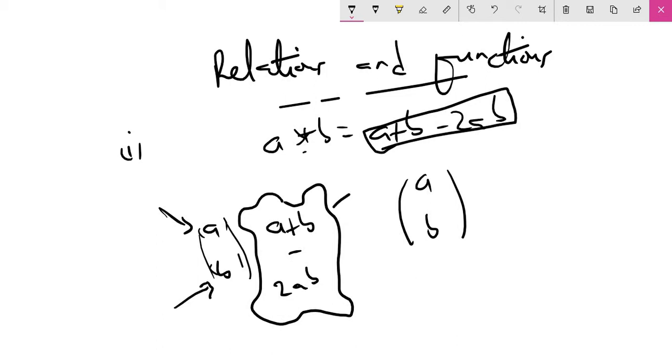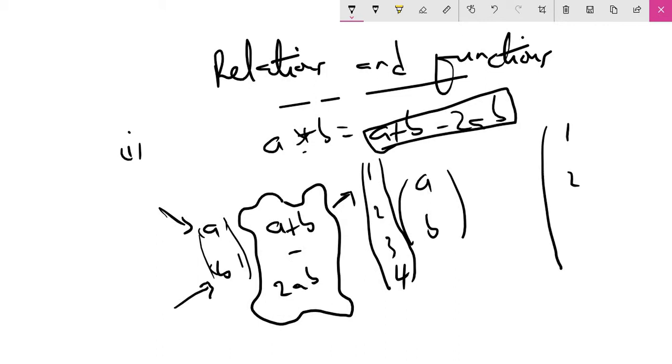So let's say on the output could be 1, 2, 3, or 4, for instance. In this situation, we'll have this mapping to either 1, 2, 3, or 4. So A could map to that, B could map to that, right?